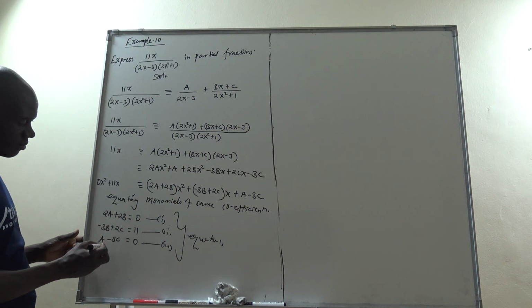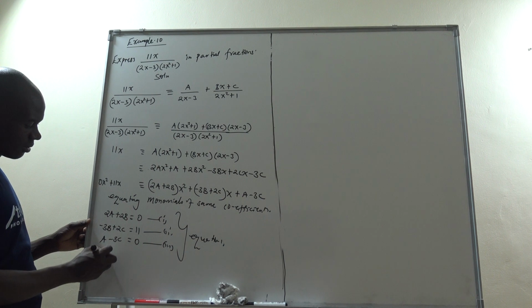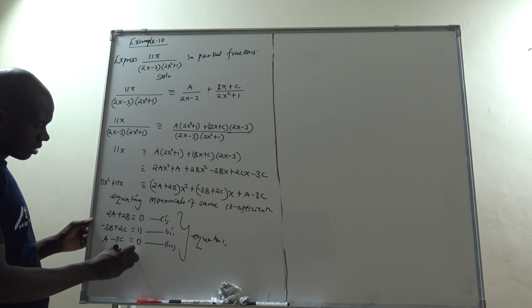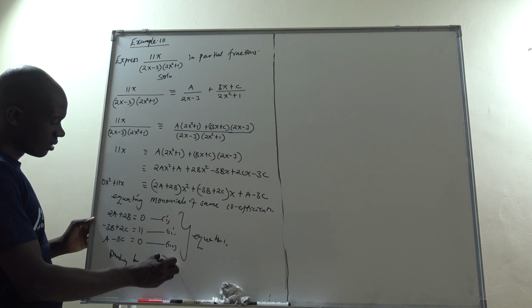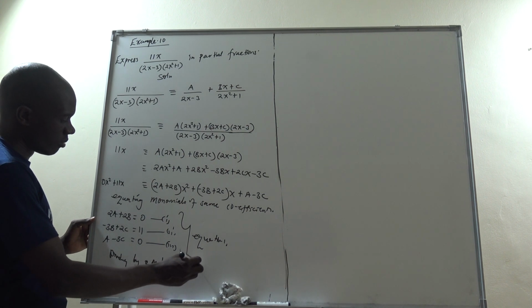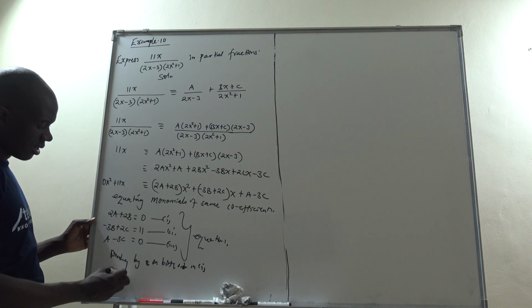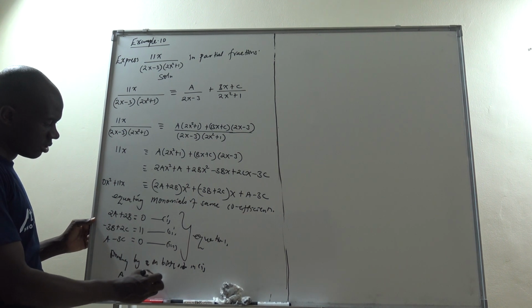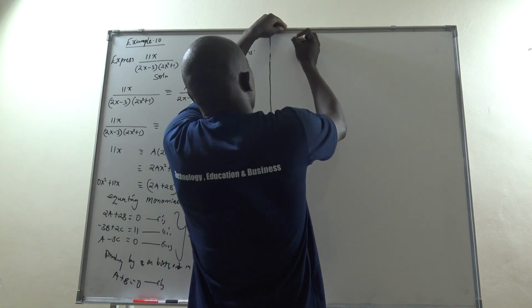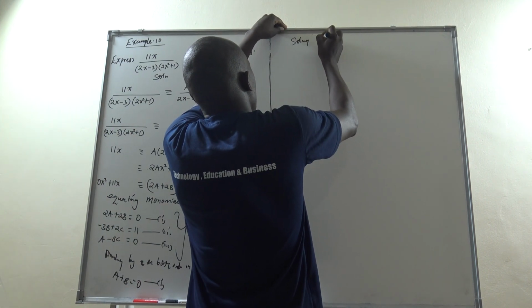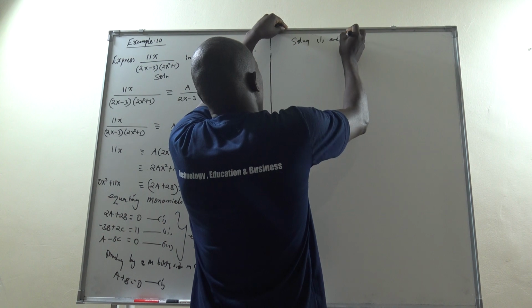Dividing by 2 on both sides in equation 1, we are going to have A plus B equals 0. This is my new equation. So I'm going to solve equations 1 and 3.